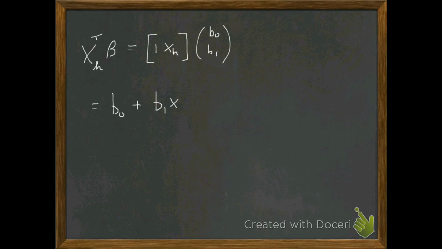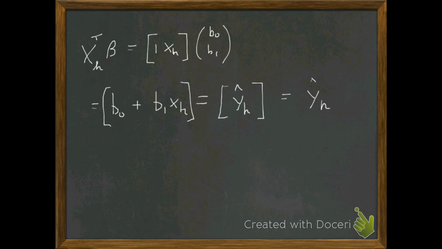That's an x_h, just make sure. Okay, so that's just the predicted value, which is exactly what we need. Okay, so I did get it right.